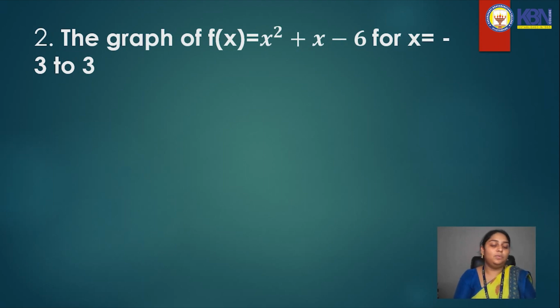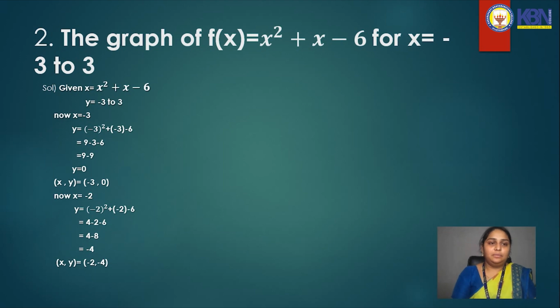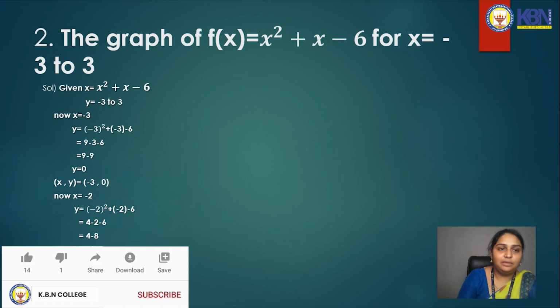Now we are given f of x is equal to x square plus x minus 6 for the values of x from minus 3 to 3. We have to substitute the x values from minus 3 to 3 in the given function.